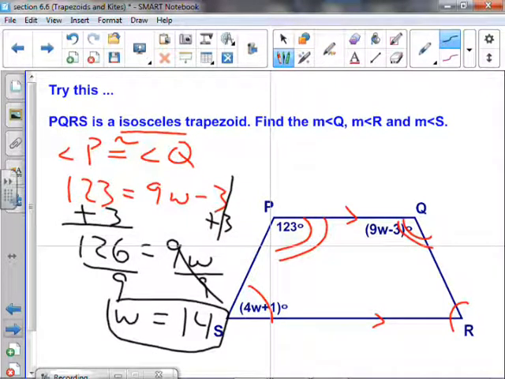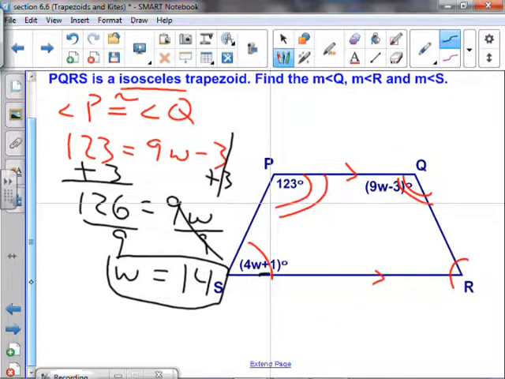Okay, so I have found W. I didn't even realize this one is W, so I don't even need to do anything with the measure of angle S, because they've already told me that the only variable I needed to find was W.